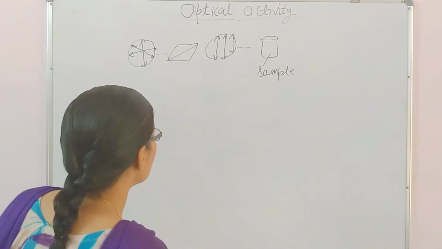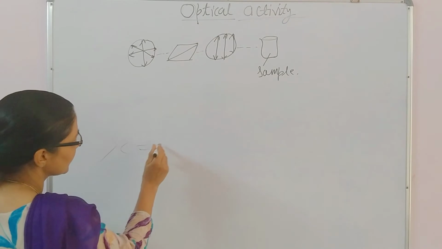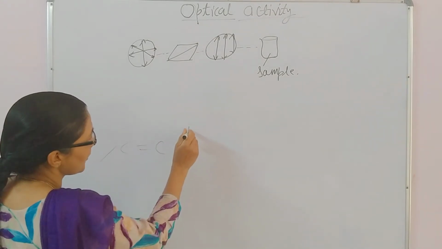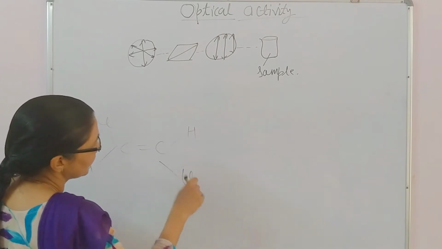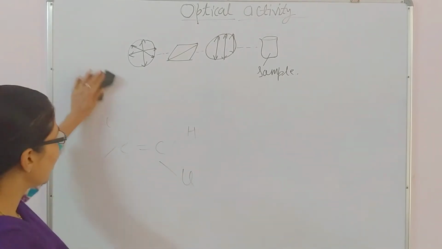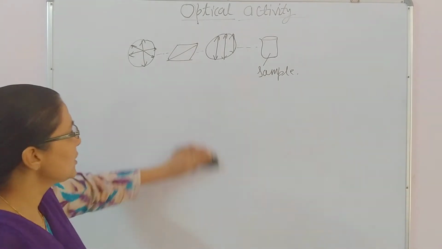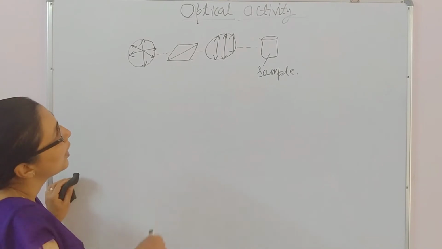One type you have studied is cis and trans isomers, that is C double bond C with H, Cl, H, Cl. You can say that it is trans. That is a geometrical isomer. Here in this chapter we will discuss optical isomers.